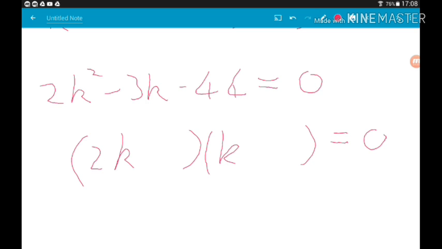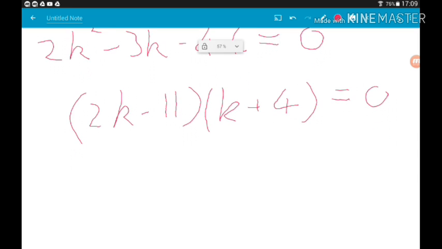So if we put minus 11 in one bracket and plus 4 in the other, 4 times minus 11 is minus 44. 4 times 2k gives us positive 8k, but then minus 11 times k takes us down to minus 3k.